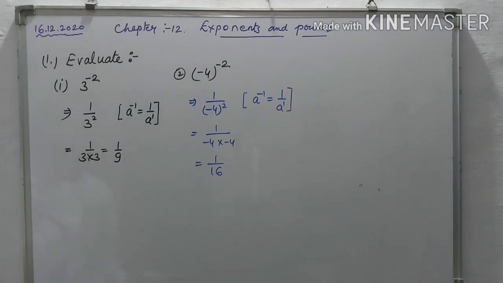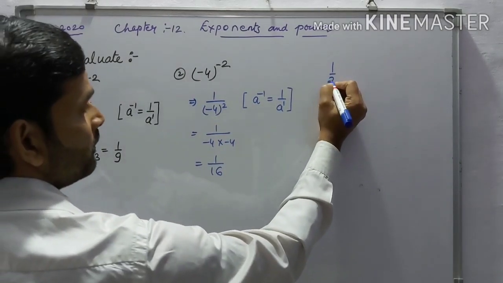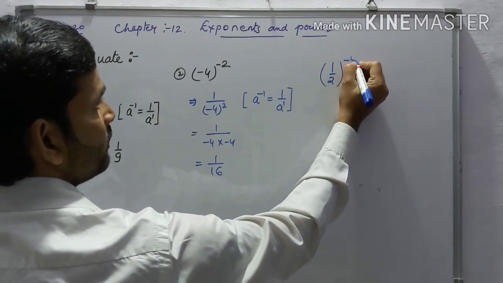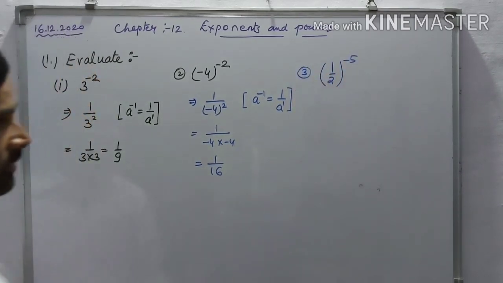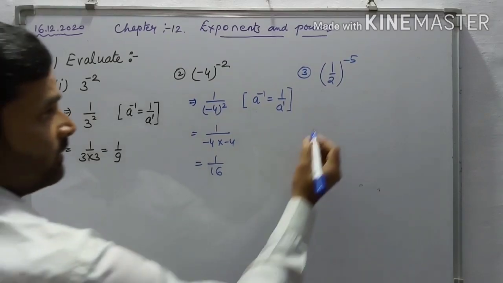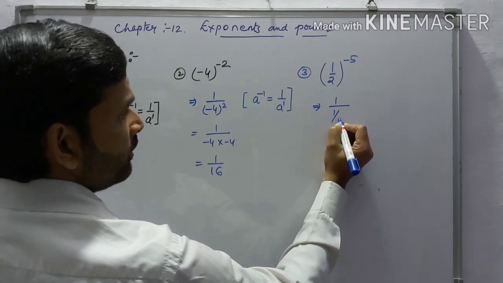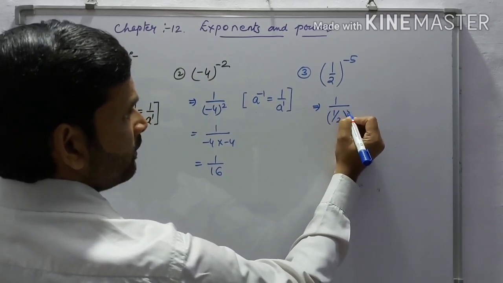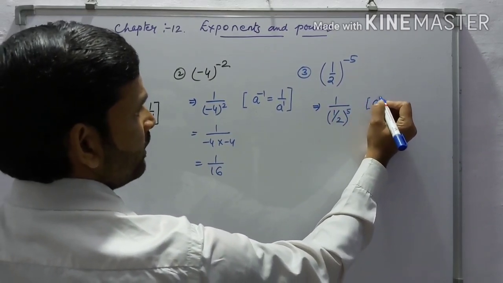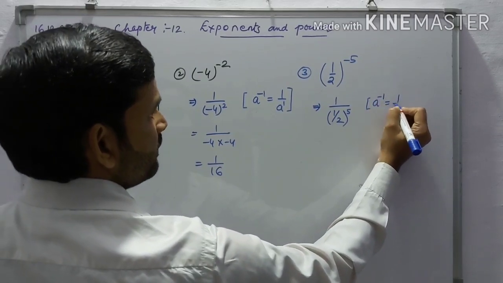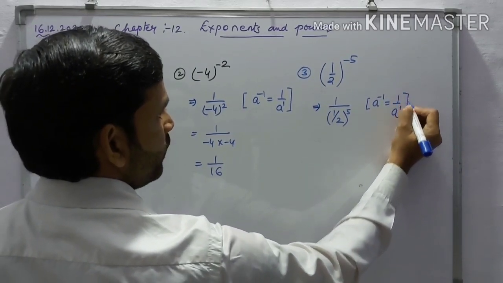And third is 1 upon 2 power of minus 5. Okay, so write 1 upon 1 upon 2 power of 5, which gives 2 power 5 upon 1. Why? Because a power minus 1 is equal to 1 upon a power 1.